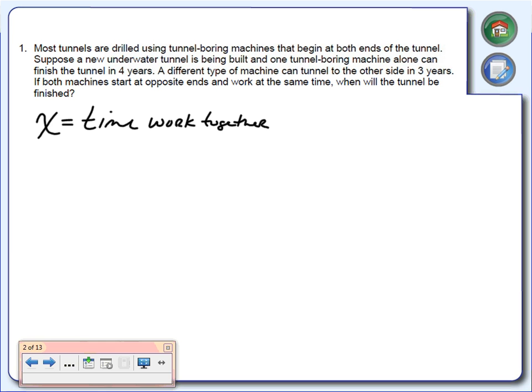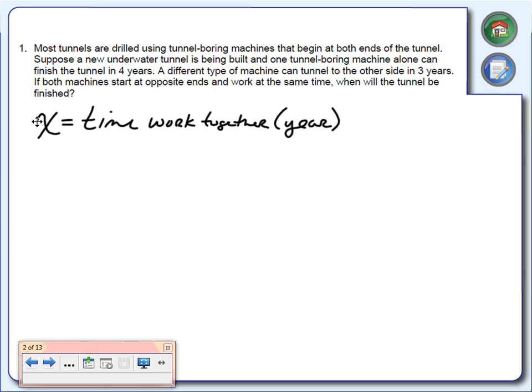Now, when I say time, let's be more specific. Is time in hours, minutes, days, months, years? What does it say? Years. Okay, so after this, I'm going to put that I am talking in years. All right, so this is what we're going to be looking for. We're going to look for how long would it take for both of these machines to dig this tunnel working together.